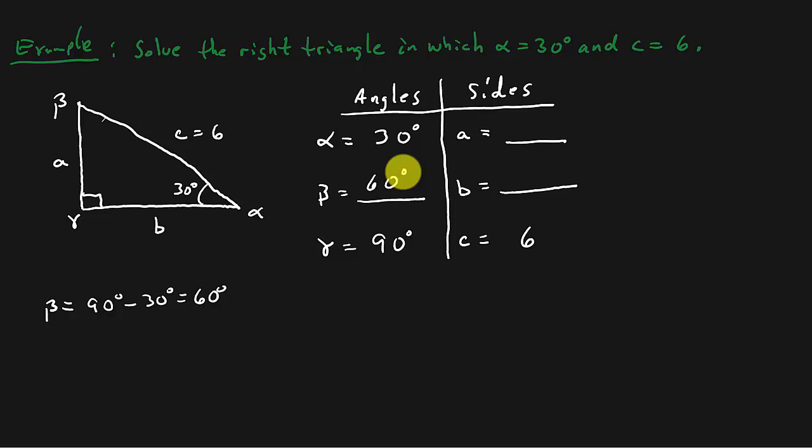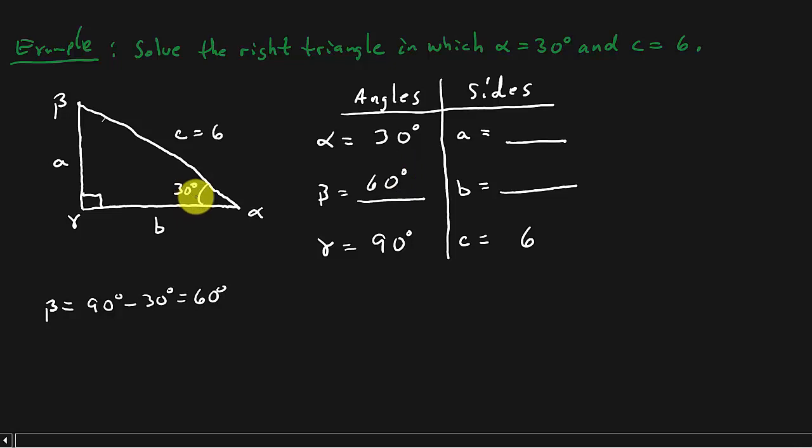All right. Now let's look for side A. Alpha is 30 degrees, and I'm looking for the side opposite that angle, and I know the hypotenuse. Well, what do we know about opposite over hypotenuse? That's the sine of 30, opposite over hypotenuse.